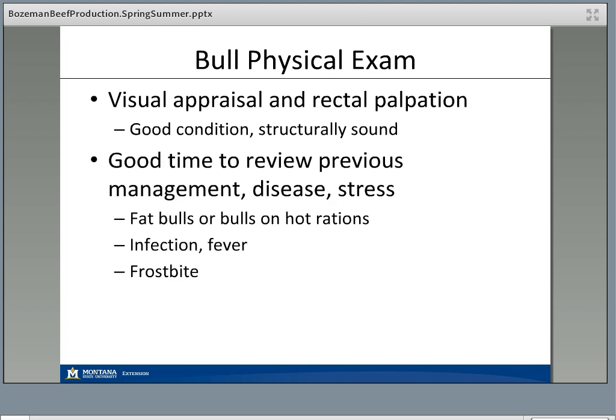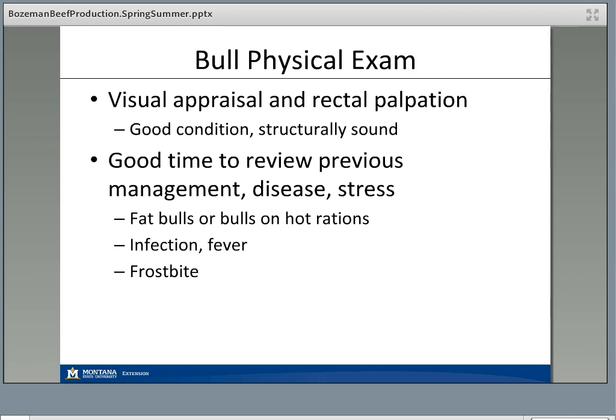This is also a good time to review any previous management issues, disease problems, or stress the bull may have come under. Sometimes we can have issues with semen quality for bulls that are fat. They lay down fat in that inguinal canal, and we're not able to do a good job of regulating temperature of the testes, and we can have some lower quality semen.